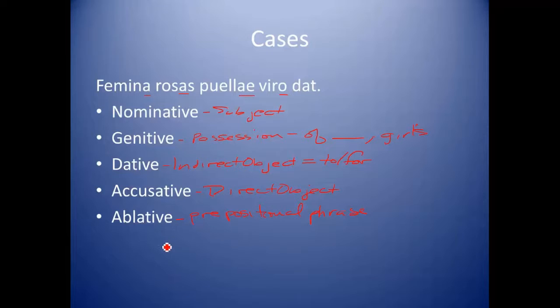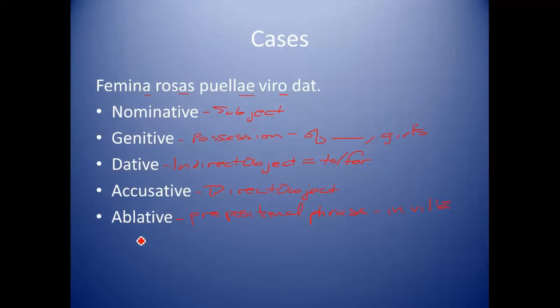It's almost adverbial in some cases, so we could have said "in villa," and a long a is one of the ablative endings. So in the house, in the villa. So the woman in the villa gives roses to the man. So it's a number of different uses.